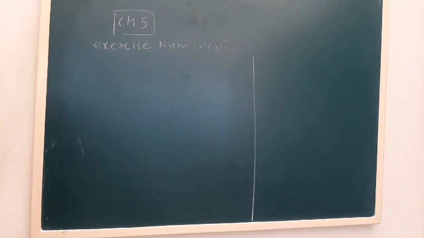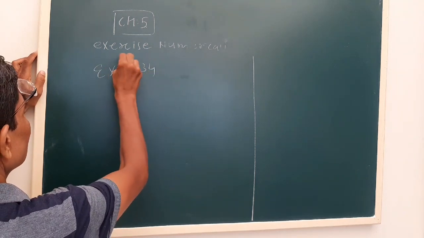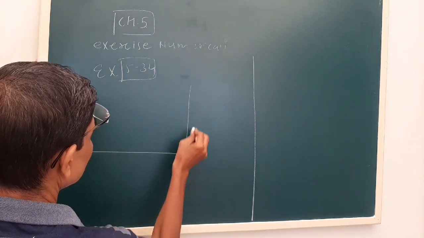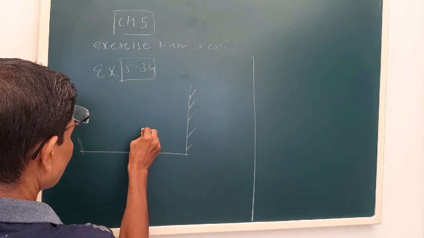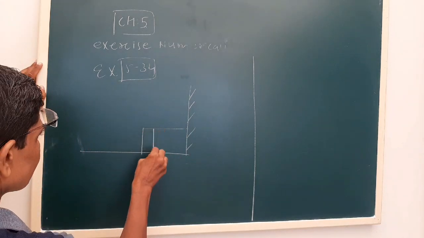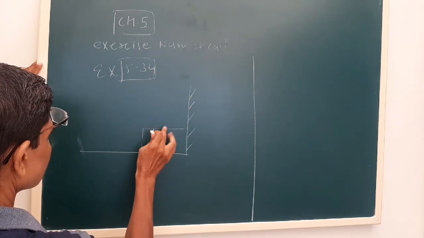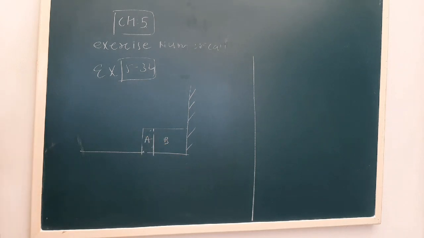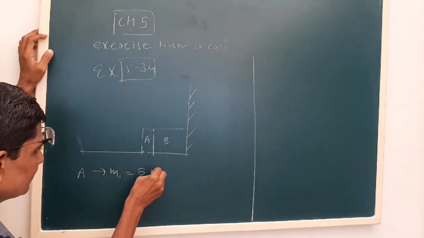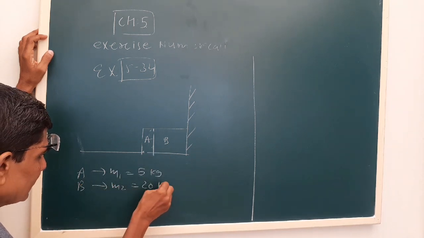Now see, next you have to see the exercise numerical. Now this one is very interesting. Here is a system of blocks, two blocks, let us say A and B. A has mass M1 is 5 kg, B has mass M2 is 20 kg.